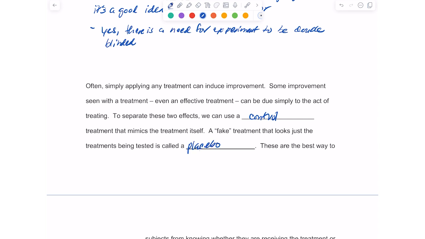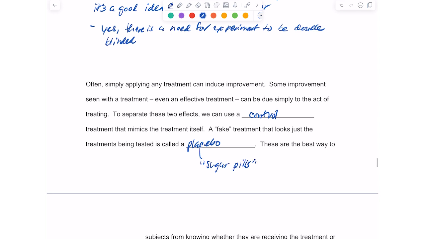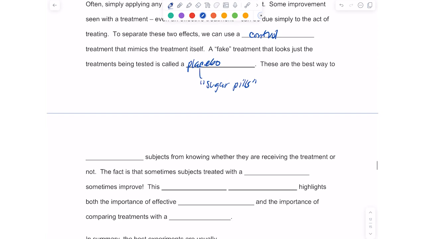Think of placebos as sugar pills sometimes. It's a pill that looks like the pill they're looking to see if it actually helps, but it's doing nothing. These are the best way to blind subjects from knowing whether they're receiving the treatment or not.